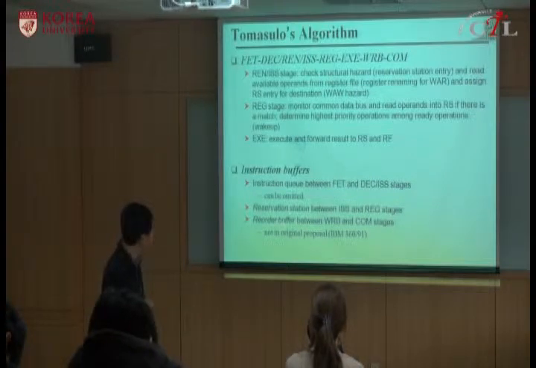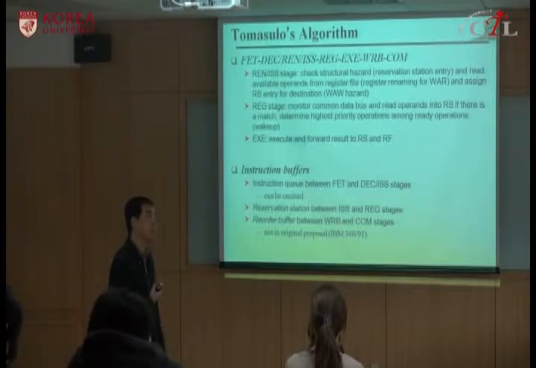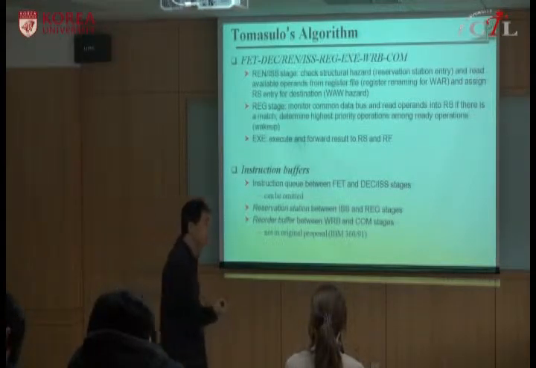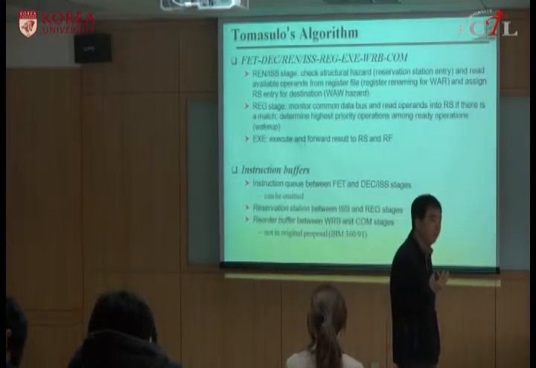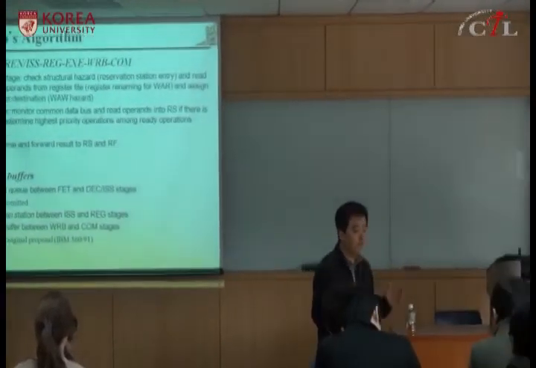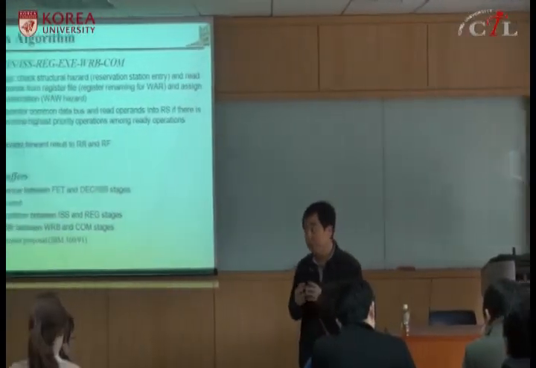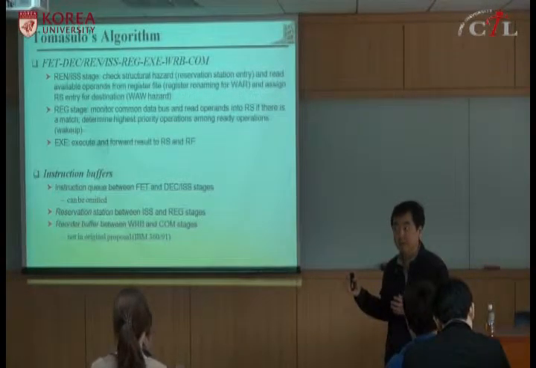And to understand the reorder buffer, you have to understand exception and interrupt, because whenever there is an exception or interrupt, the problem is complicated. Exceptions or interrupts should be handled the same as in a non-pipelined machine, as in sequential processors. Okay?